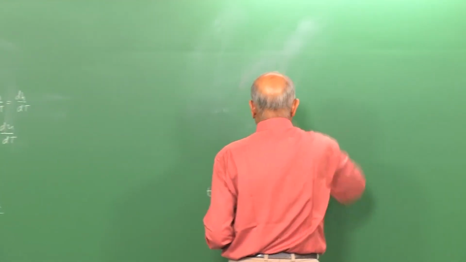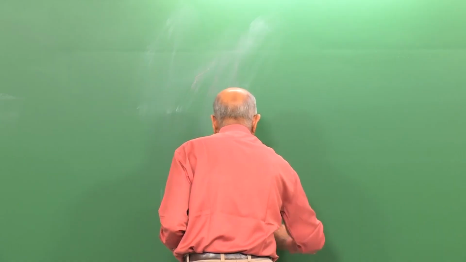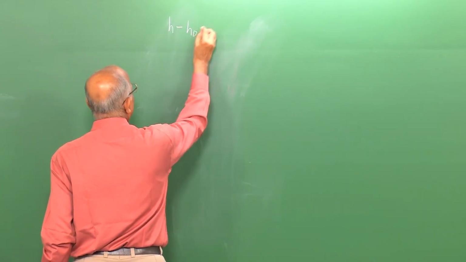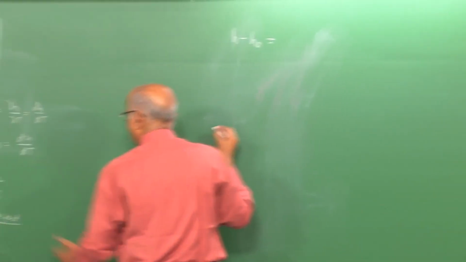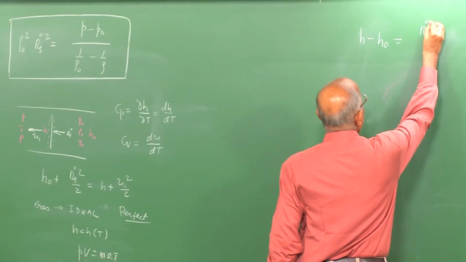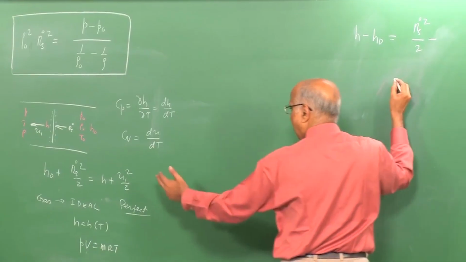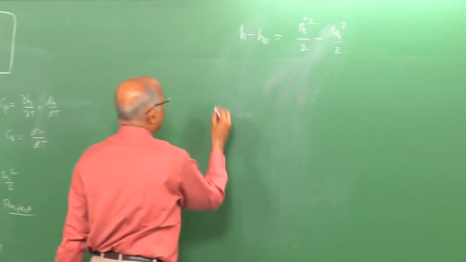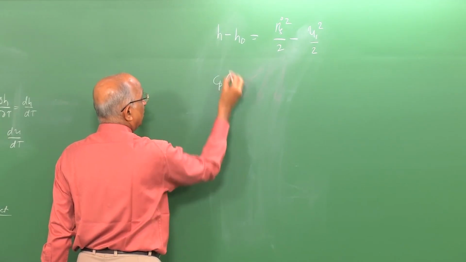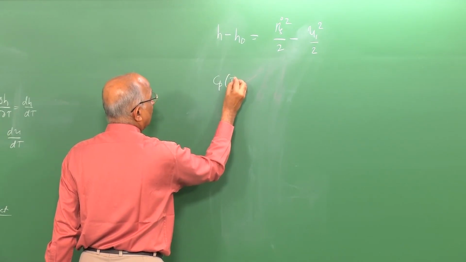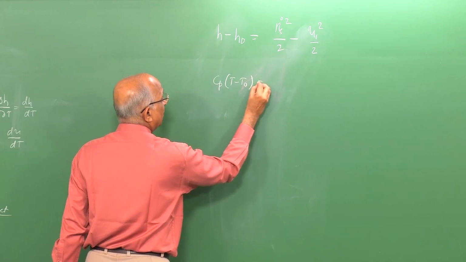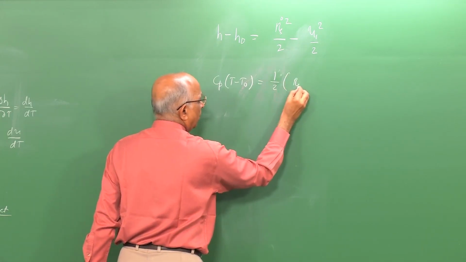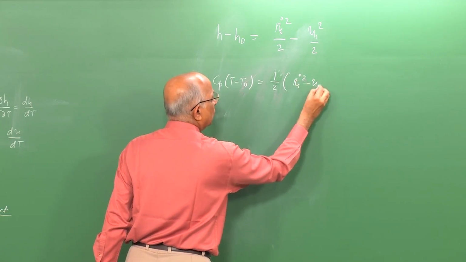Now, we say that the gas is a perfect gas, and therefore, I write H minus H0 is equal to, I bring H0 on this side, Rs dot square divided by 2 minus U1 square divided by 2, and H minus H0 I can write as Cp, H is equal to CpT, and therefore, it is equal to Cp into T minus T0 is equal to half into Rs dot square minus U1 square over here.